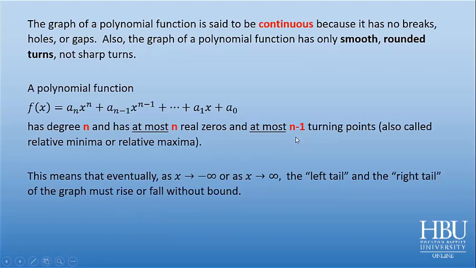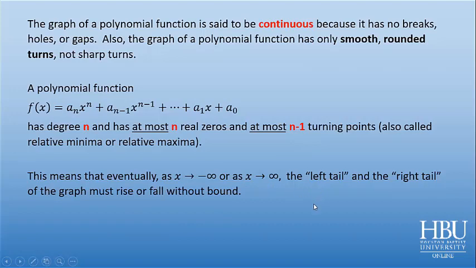If the graph has changed directions the maximum number of times that it can and cannot change directions anymore, then it makes logical sense that on the end it would have to either keep going toward infinity or going toward minus infinity.